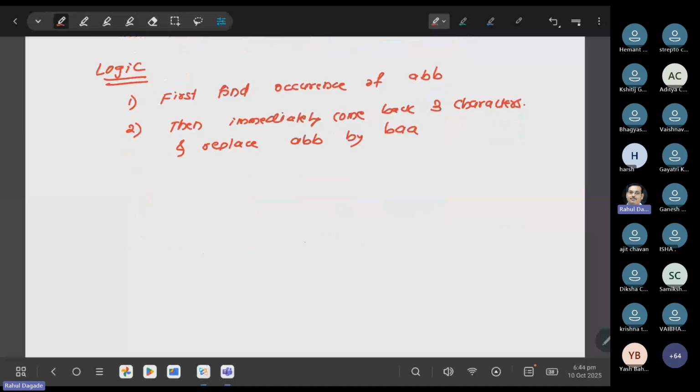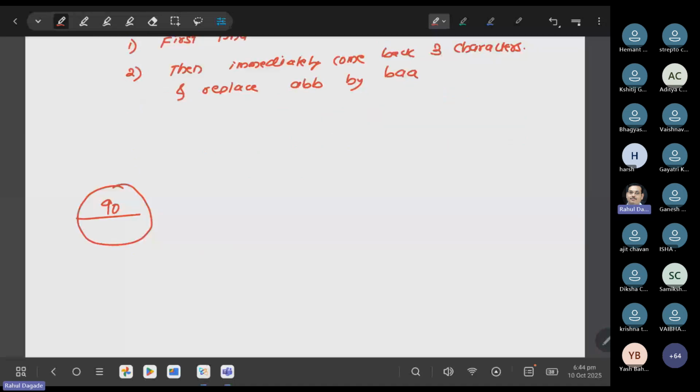So we are in Q0 state. So Q0 state is null state. Because to find occurrence ABB means that it is find a substring ABB. So it's like a finite automata. So in Q0 state, if I get A, I'll move pointer to the right and come to Q1 state.